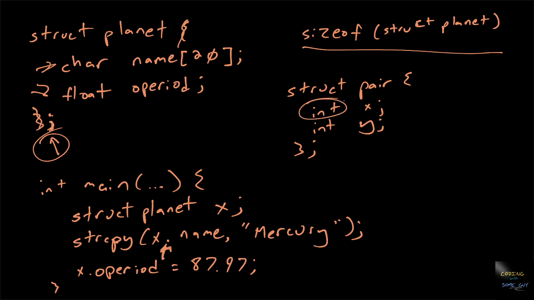What's the size of one of these ints? Typically 32 bits. So we would expect this to be 64 bits, which in bytes, because sizeof returns bytes, would be 8. In this case, you are going to see 8.